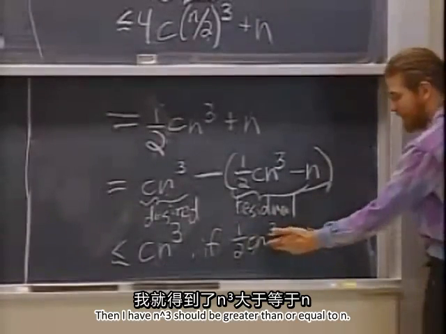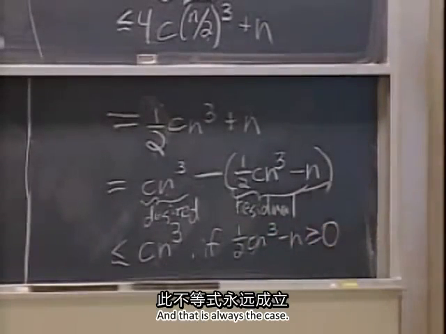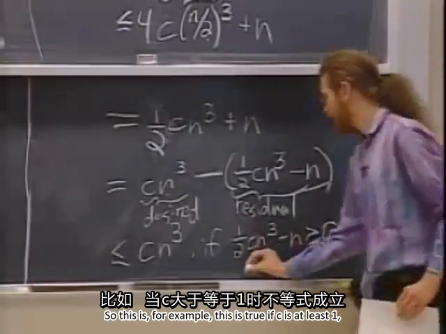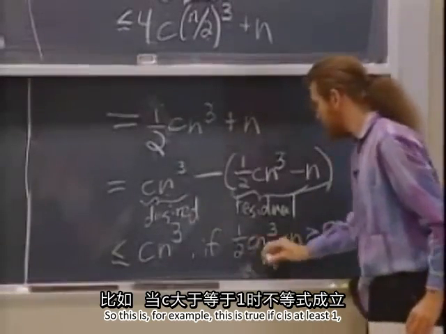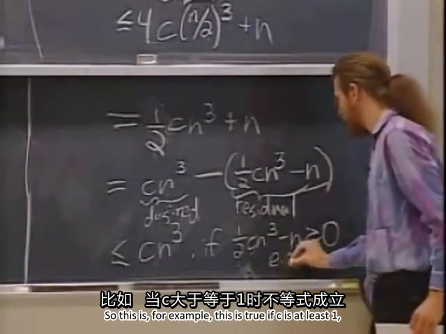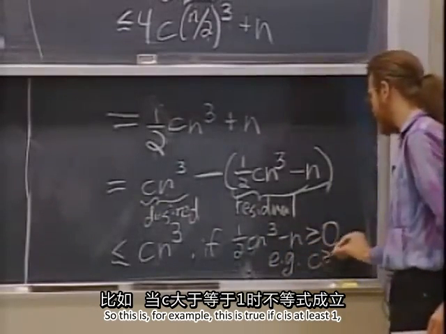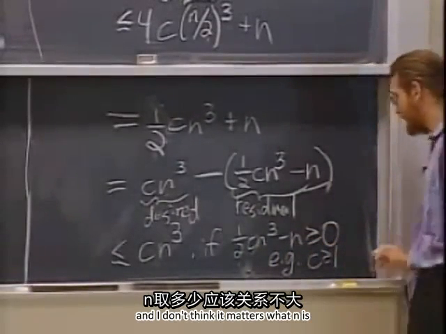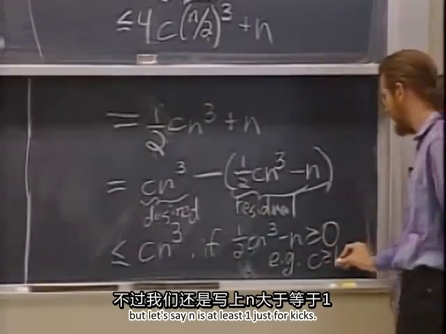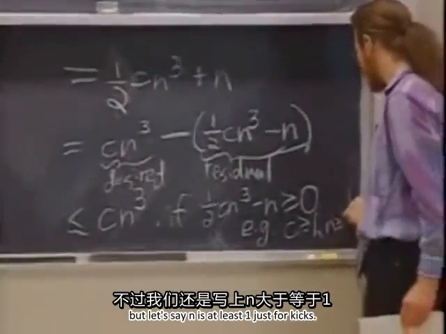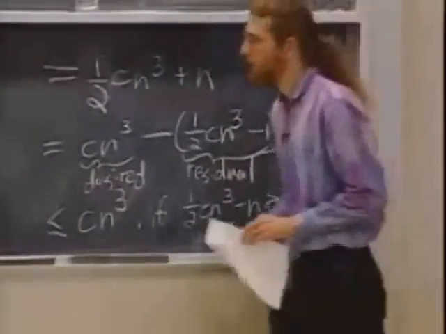And I have n cubed should be greater than or equal to n. And that's always the case. So this is true if c is at least 1. And I don't think it matters what n is. But let's say n is at least 1, just for kicks.